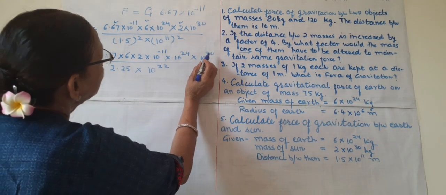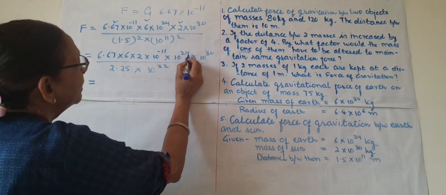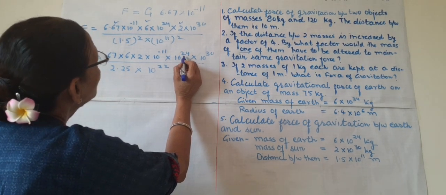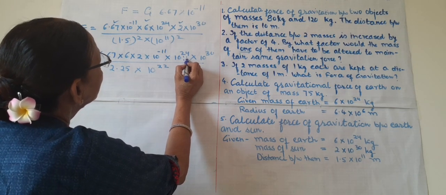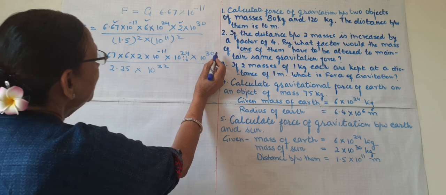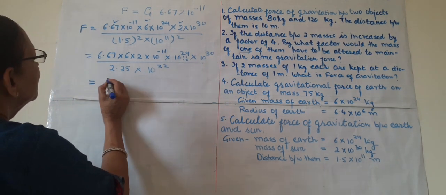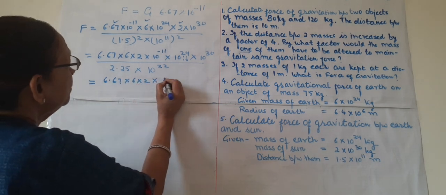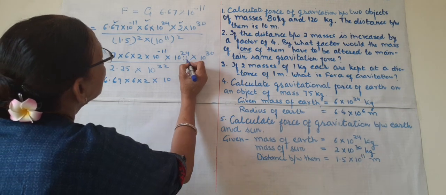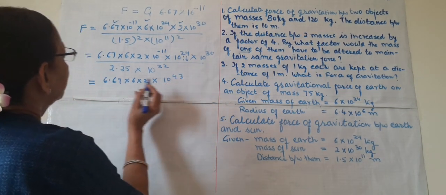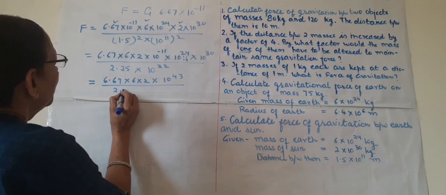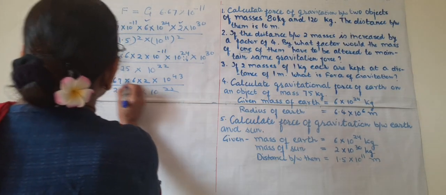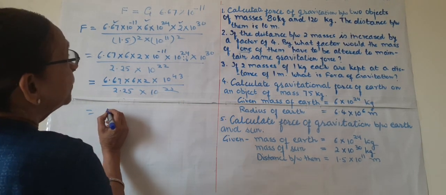Solving this, 11 is subtracted from this. So how much will it be? 13. And 13 plus 30 will be 43. So 6.67 into 6 into 2 into 10 raised to power 43 divided by 2.25 into 10 raised to power 22.